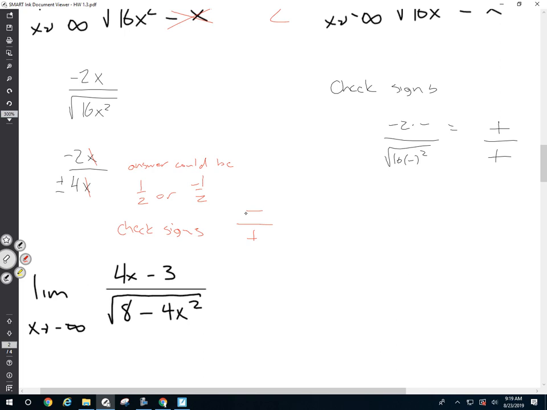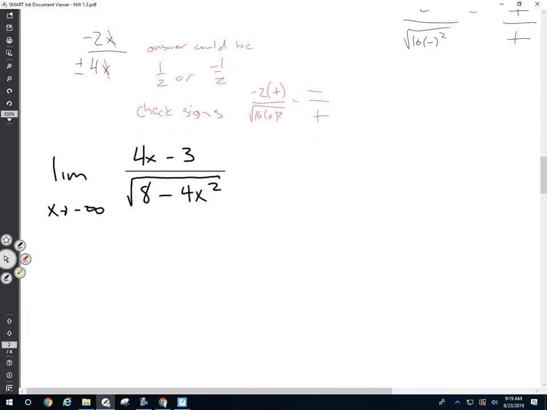Let me just write that over here. I did negative 2 times a positive over root 16 times a positive squared, negative over a positive.